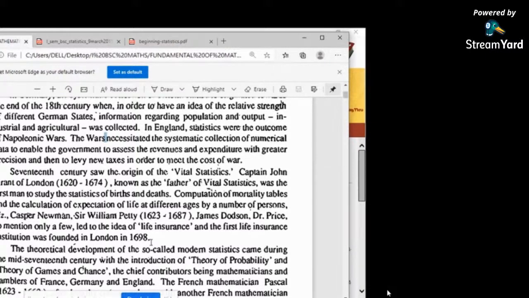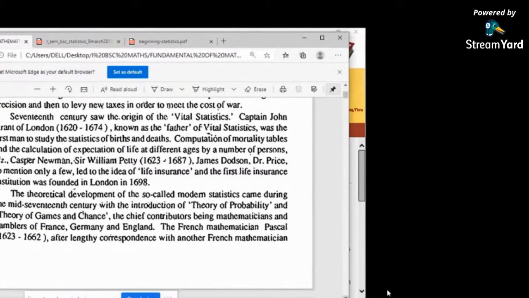When we come to modern statistics, which we are studying now, we can see the theory of probability, theory of games, theory of chance. You might have studied probability, the axiomatic definition, the classical definition, in your plus 2 classes. That is usually called modern statistics.